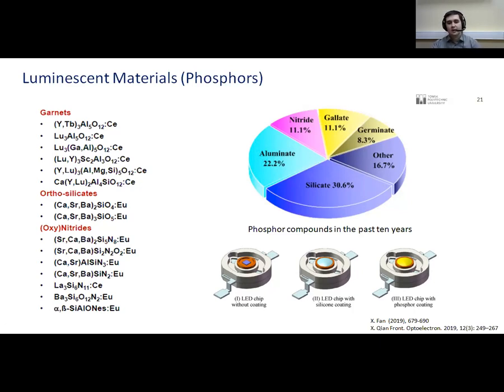It can also be used especially for red emission, and all of them are used for conversion of blue emission of semiconductors, for example gallium nitride semiconductor materials, to white light. In the past 10 years, the most widespread phosphors are silicates, aluminates, nitrides, and other ones.